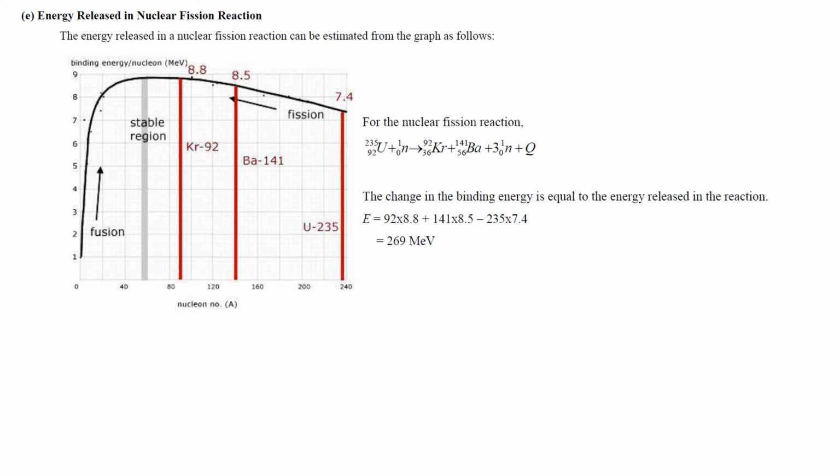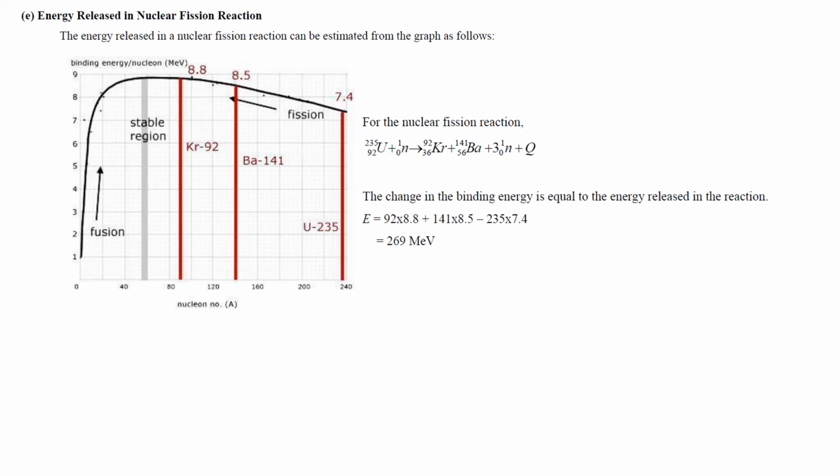As you can see here, fusion occurs when two light nuclei combine together to become more stable. But fission, one heavy nucleus, dia apa? Split into two, okay, to become more stable.